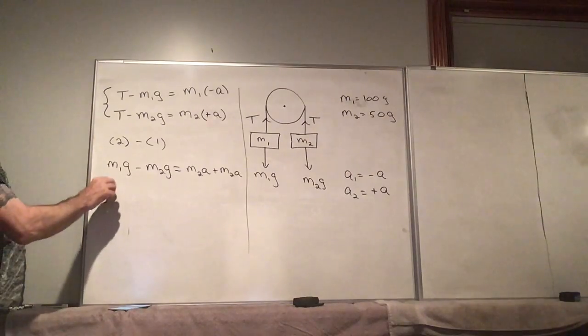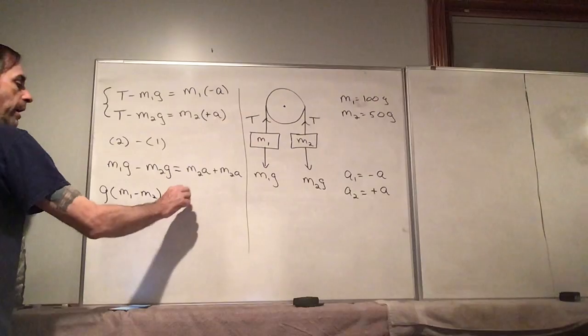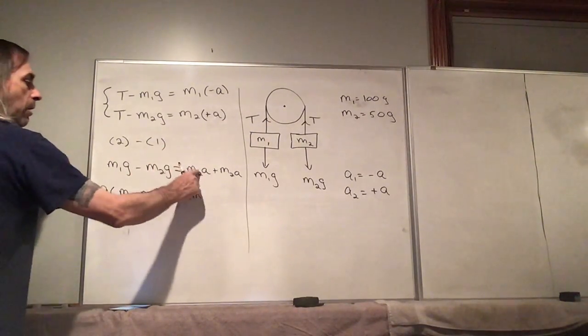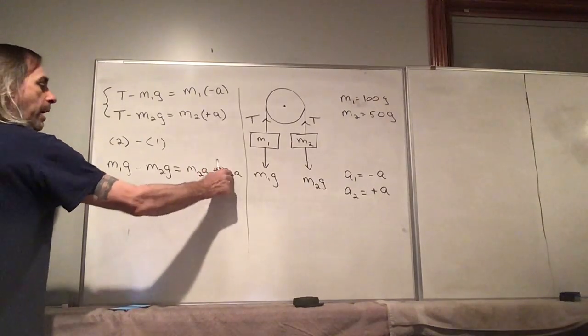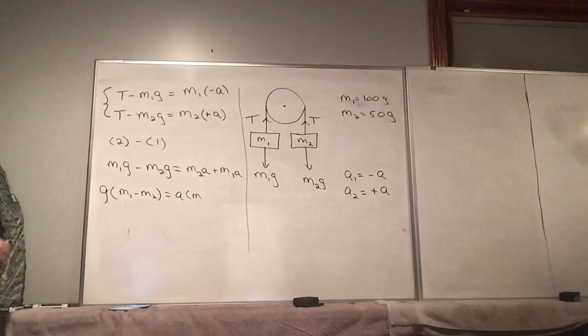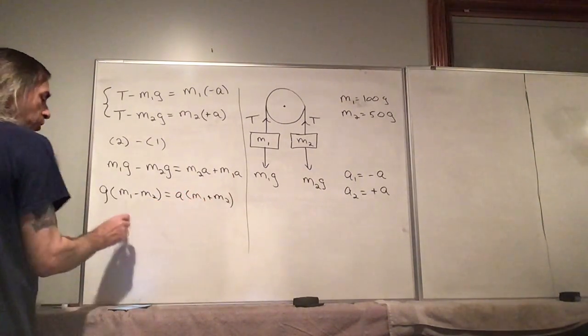And again, we can factor a g out and factor an a out here. Here we have M2A plus M1A, so M1 plus M2.